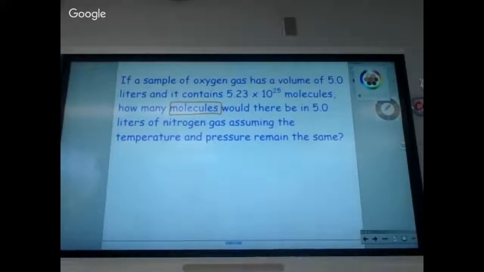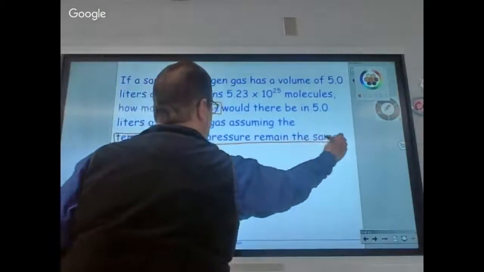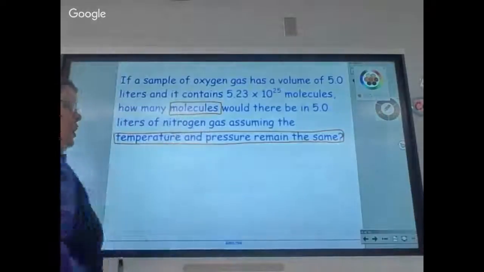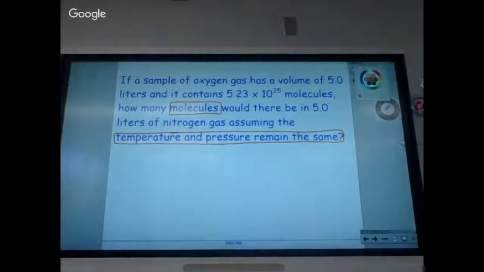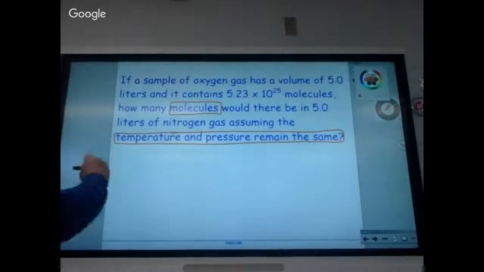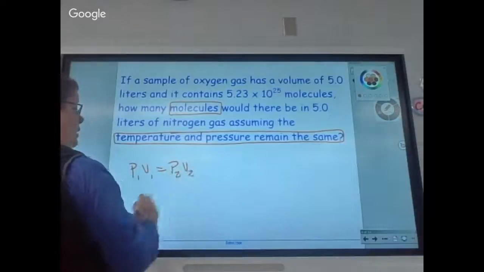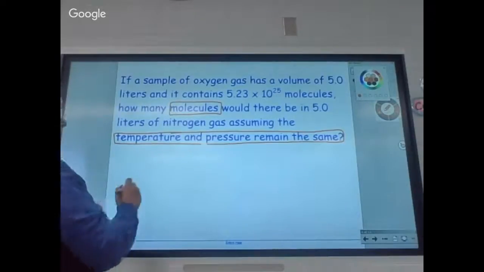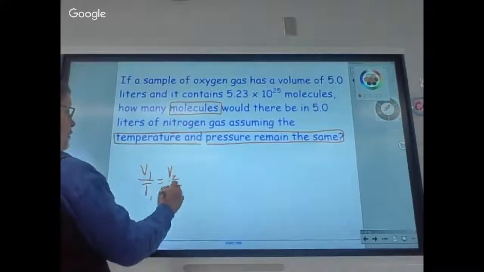All right. It says temperature and pressure remain the same. And the ones we worked earlier, how many of them remain the same? One. Temperature remains the same. So you could have picked P1V1 equals P2V2. If it said pressure remained the same, you did V1 over T1 equals V2 over T2.